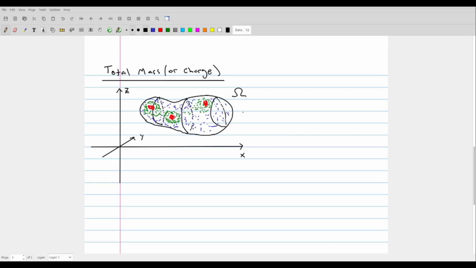So we assume that we have some function. It's a function of 3 variables, rho of x, y, z, and this function is the mass density function, or the mass density at the point x, y, z.